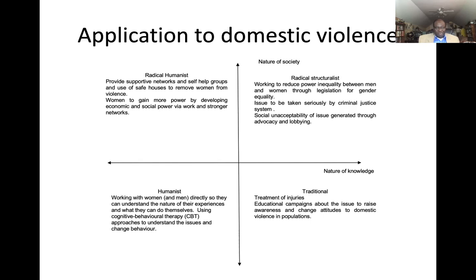So it's extremely important for people to understand. You work with both men and women, find out the root causes of their issues, see how best those issues could be addressed.